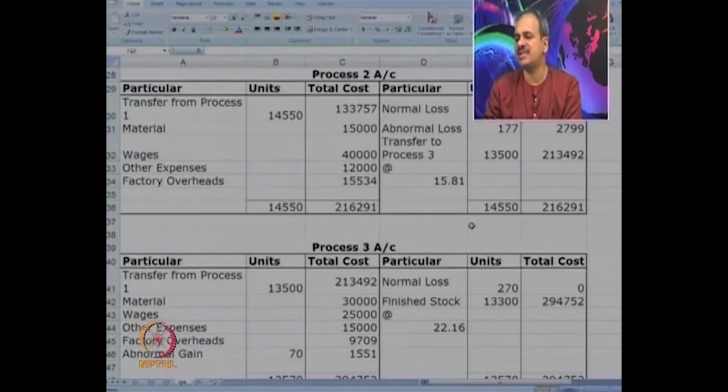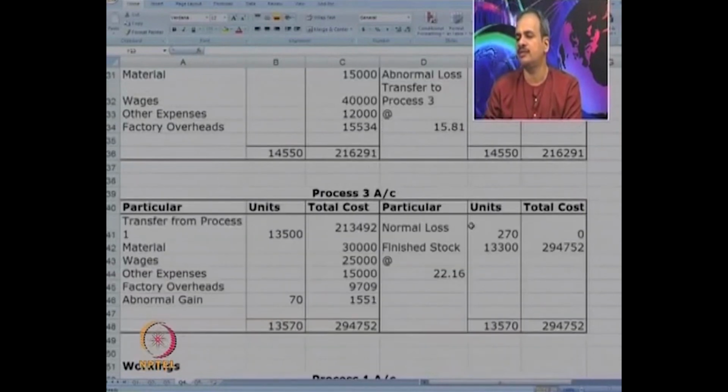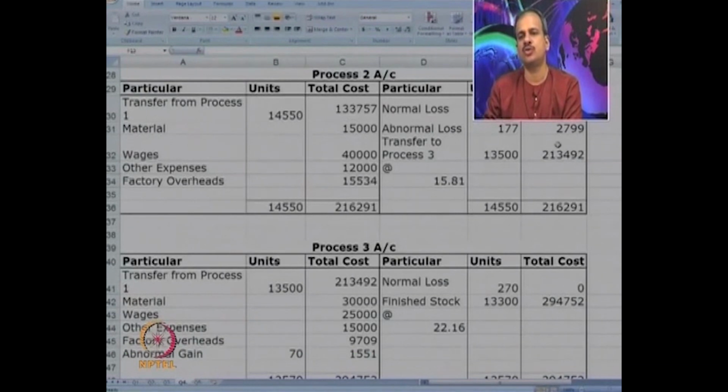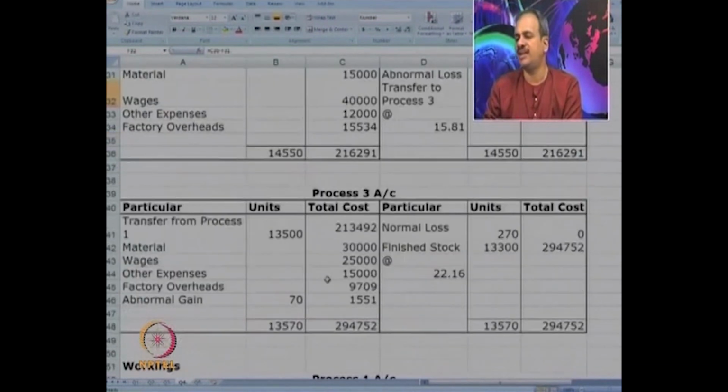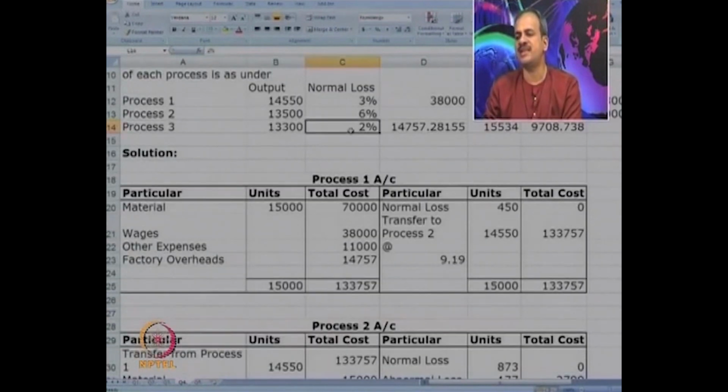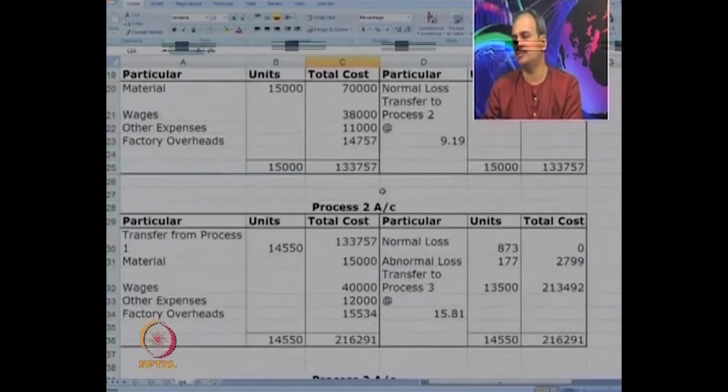Now let us go to the process 3 account. So we have charged from process 2 this 213,492, then material, labor, other expenses, overheads. Now we have to calculate the normal loss, which you know is 2% of input.